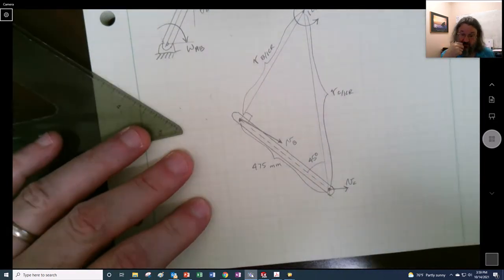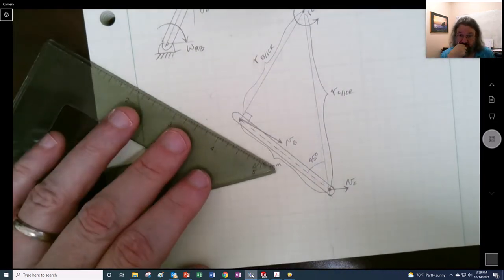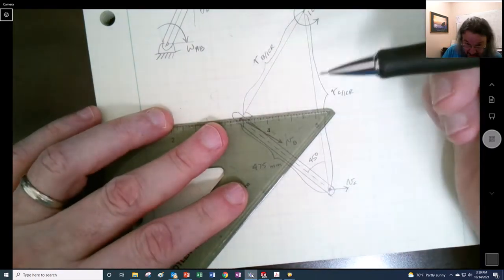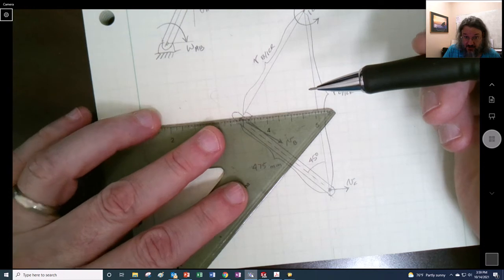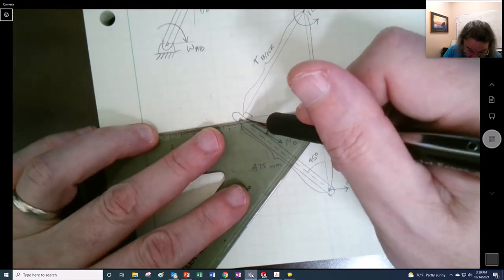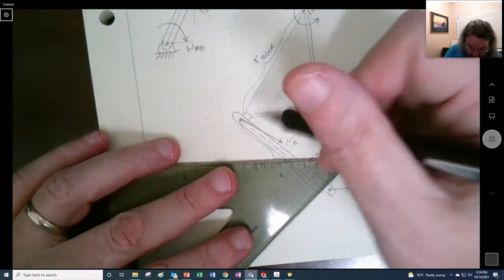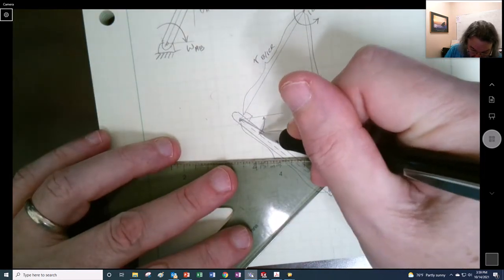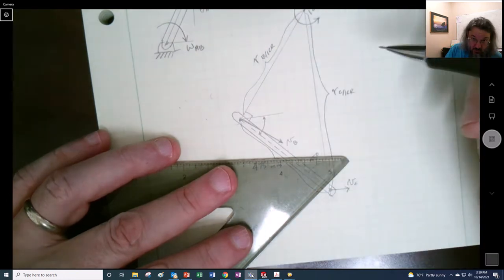We need a third piece of information. Okay, so this can be a little nerve-wracking trying to get this part right here. So this is like a geometry challenge. But we can split this guy in half right here. And we know this angle, right? So you can see that it's coming all the way.